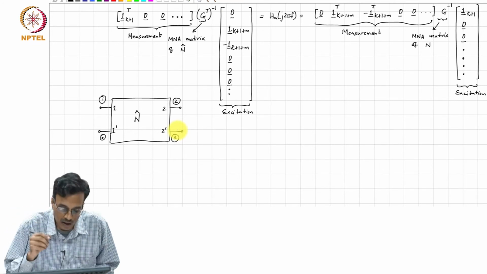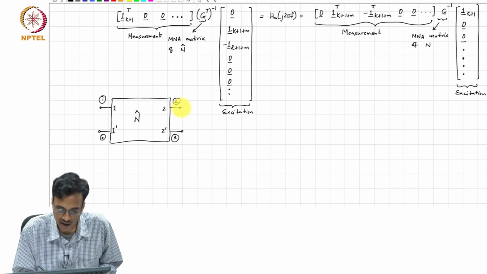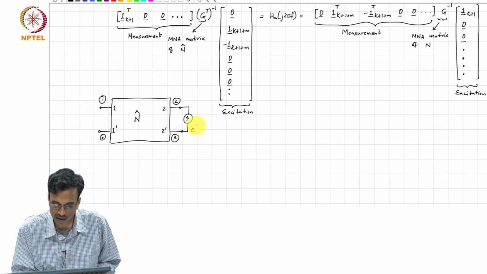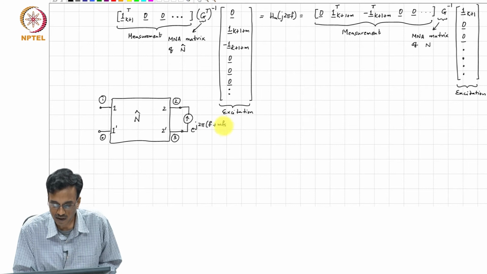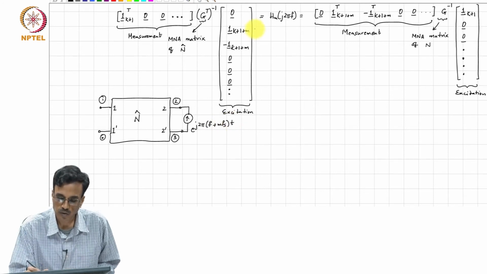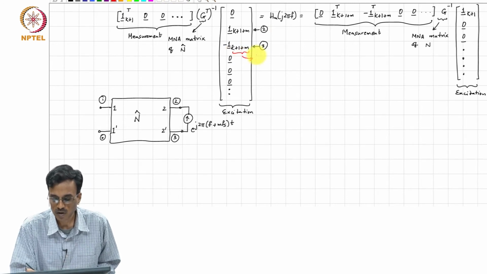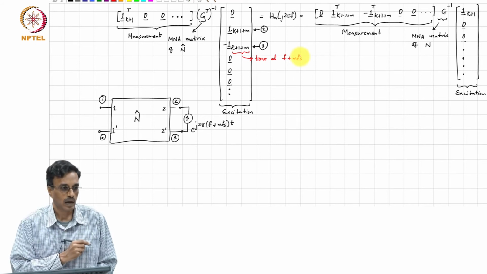Plus K MFS. Yeah, very good. So, basically the excitation is now a current source between nodes 2 and 3, and more importantly the excitation is at a frequency, this is e to the j 2 pi f plus MFS times t, right. So, this corresponds to node 2 and this corresponds to node 3 and this corresponds to a tone at f plus MFS, correct.